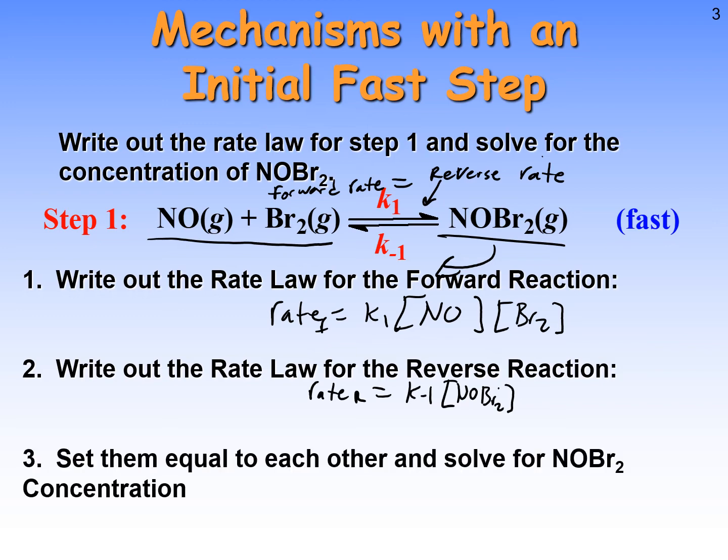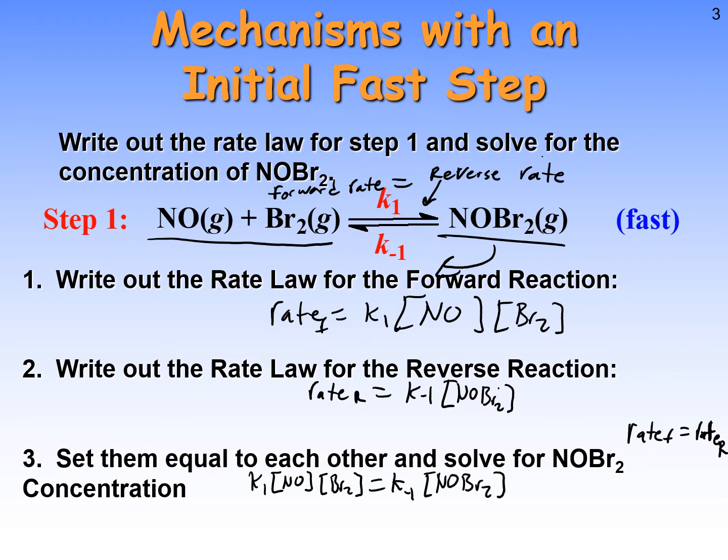Now, if we're at equilibrium, these two things can be set equal to each other, right? At equilibrium, we know rate F is equal to rate R. And so I can say, k1 times the concentration of NO times the concentration of Br2 is equal to k-1 times the concentration of NOBr2.